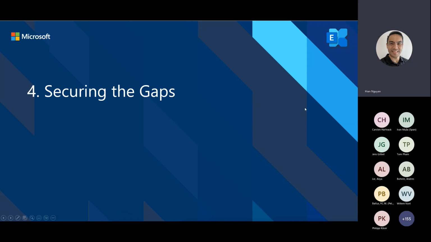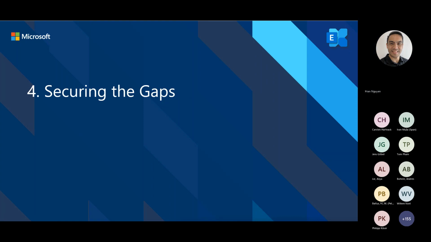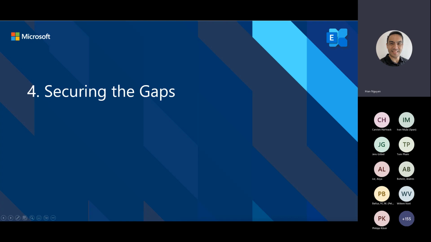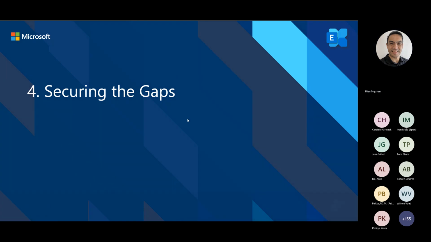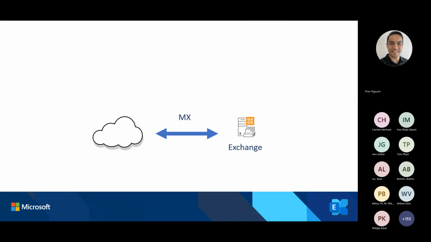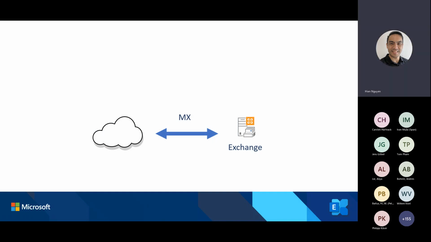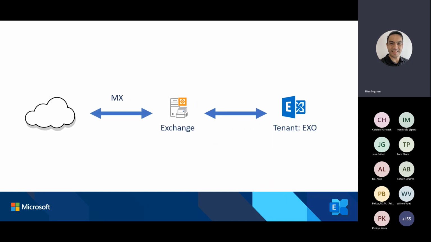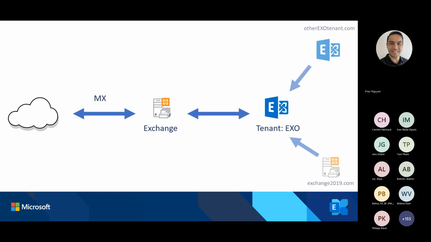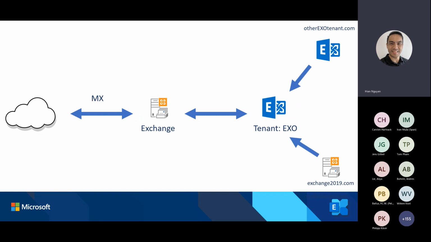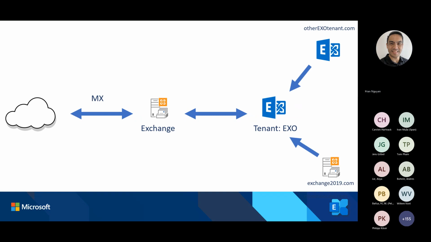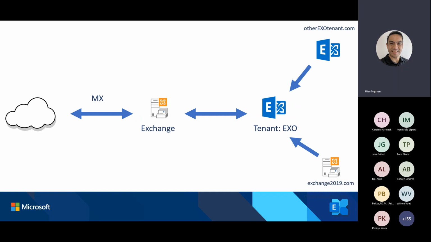Okay, so let's talk about securing the gaps. Because once we set up hybrid, there are a few holes that are opened. So when your MX is pointed to the on-prem, that's your on-prem Exchange environment, and we now set up hybrid with your tenant, what happens is that now we have holes where email can be delivered straight into the tenant.